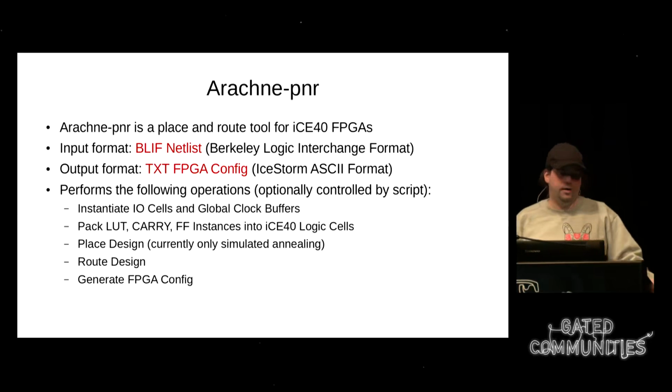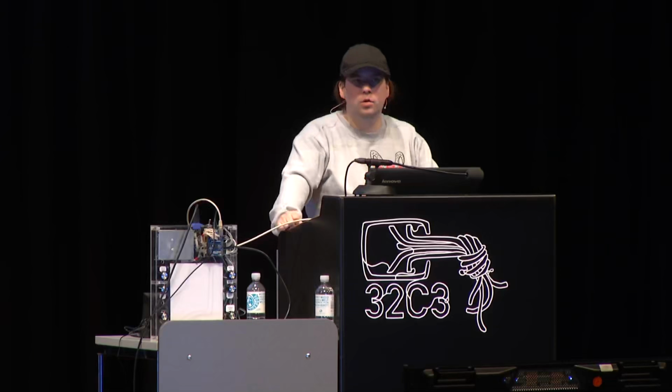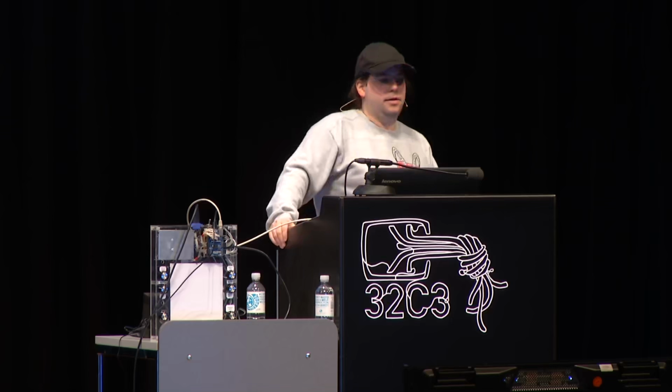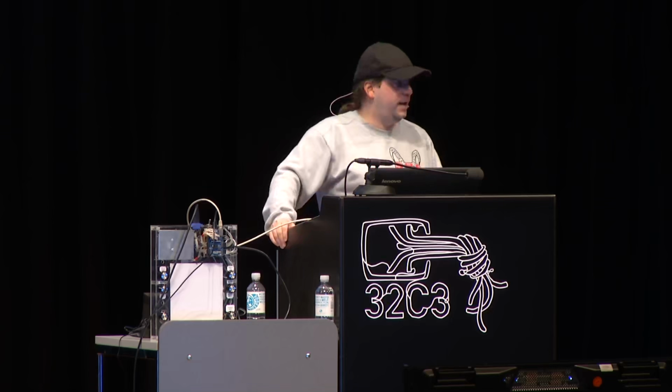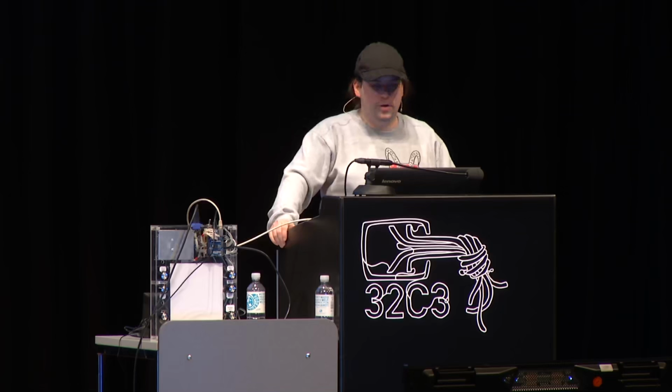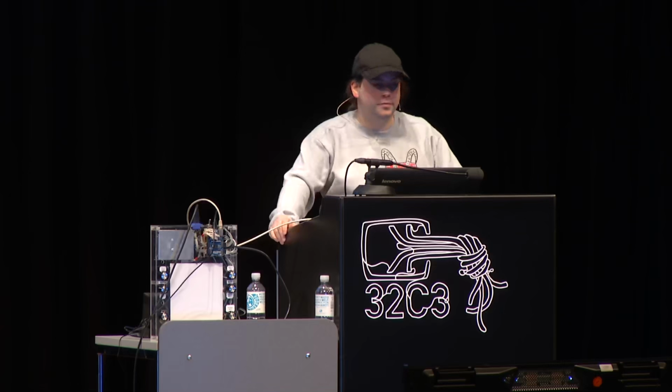This is currently done by simulated annealing only, but we are working on a flow that would use a first step that does an analytical placement, and then we refine it using simulated annealing. Then, of course, it routes the design, and then it dumps the FPGA config.